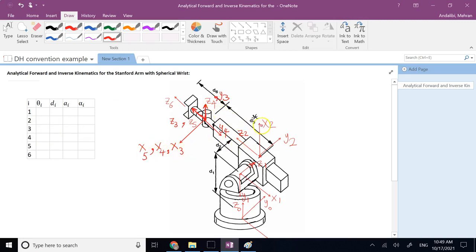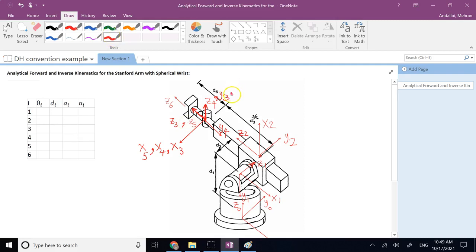Last time I chose X3 to be the same as X2 but different from these, right? So instead of 2 non-zero offsets, if I chose it the other way, I would get 1 non-zero offset, and of course this is a better solution than that one. So this is how I select X5, X3, X4. Z5 is that way. And with that, your Y has to be, in this case, the same as Y3.